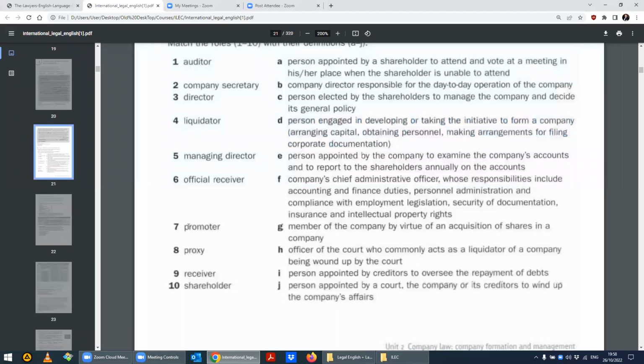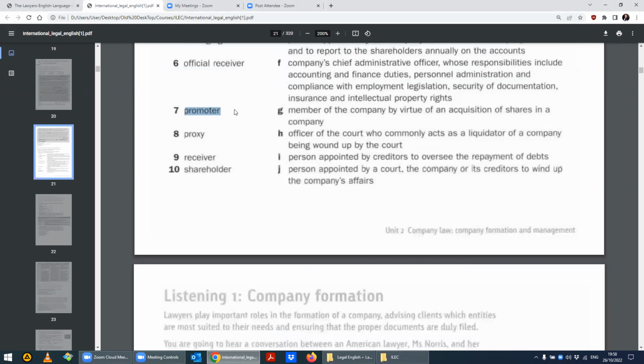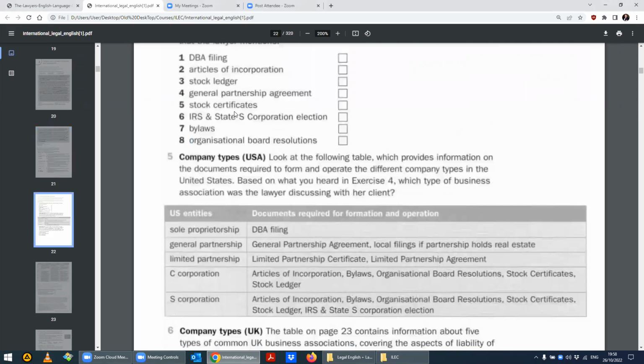It would be 7, the promoter. The promoter develops, takes the initiative to form the company, promotes the company, forms the idea, gets the company registered. That is a promoter. All right, I'm going to send you this exercise, I think, as a home task as well. Right, now then, I want to go on to something else, okay?